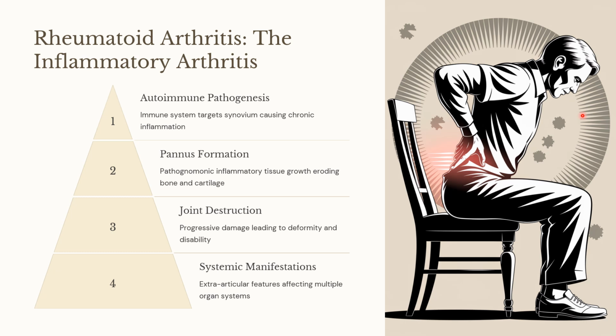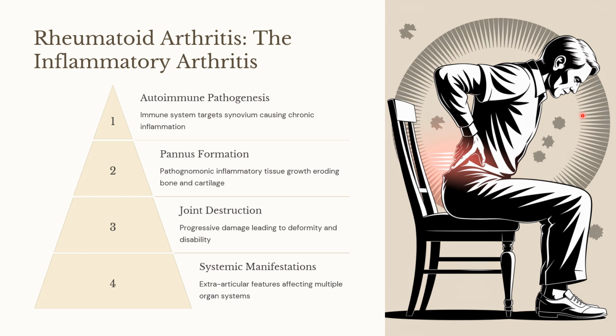The body will mistakenly attack its own synovium, that is the lining of the joint, leading to formation of the pannus. The pannus is described here as new bone formed within the joints in rheumatoid arthritis.